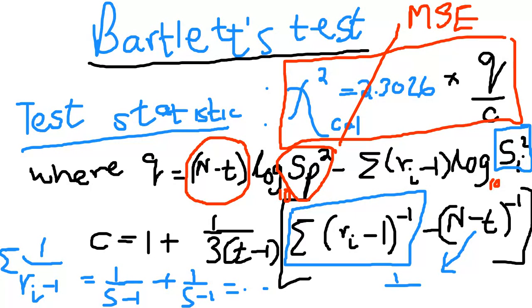Remember, what we're doing is similar to Hartley's test. Our focus is whether the variances of the treatments are equal or the same. That's why we use the degrees of freedom of the treatment, which is t minus 1.